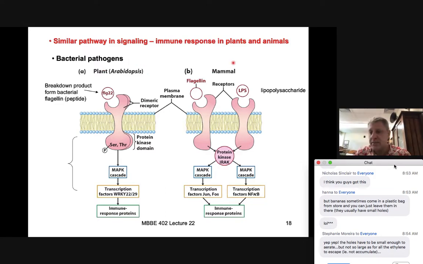We see a similar situation in mammals with the lipopolysaccharides and also flagellal proteins of bacteria such as E. coli, and again, a more complex situation occurring in regards to allowing these to interact, form a dimer, go through various phosphorylation events, really focusing on the MAPK cascade to increase certain expressions of proteins which are basically involved in the immune response.